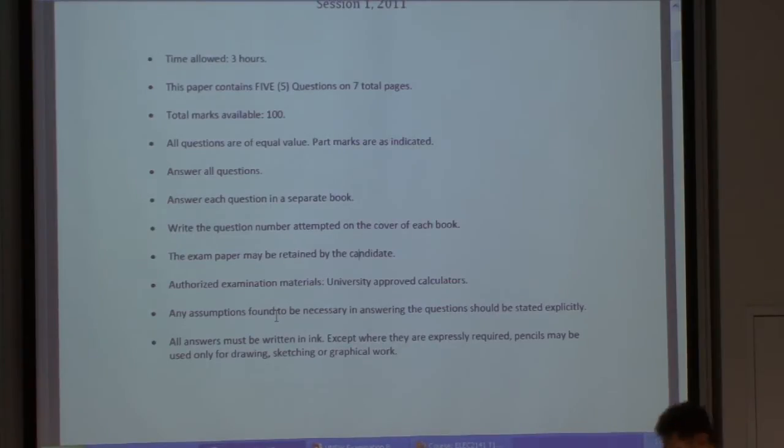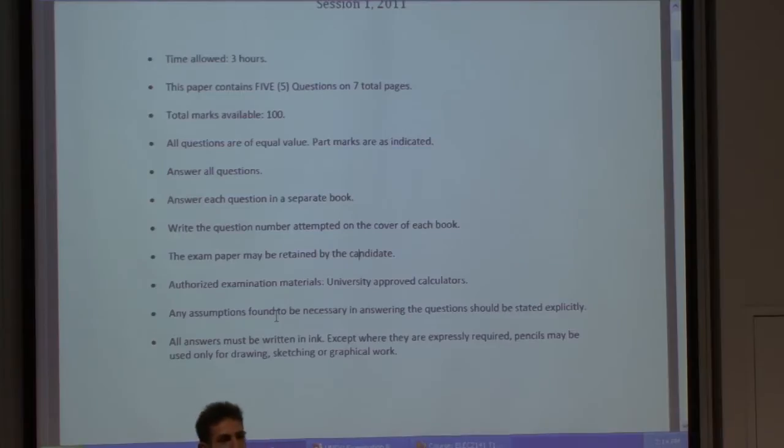Assumptions. The exam is written in such a way that it should be very, very clear what is required of you, and there should be, in theory, no ambiguities whatsoever. However, if you think that there is something that's not stated in the question, then write down explicitly what you assume it to be, and then answer the question that way. Obviously, don't assume things that contradict the question.